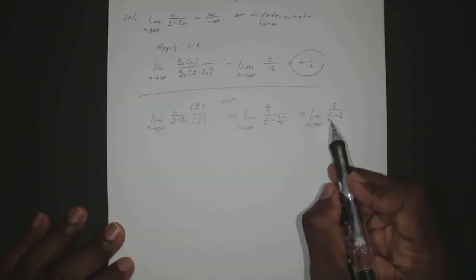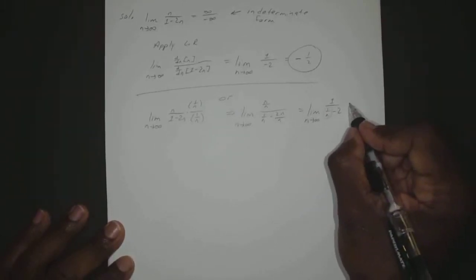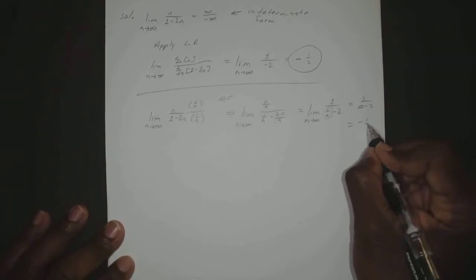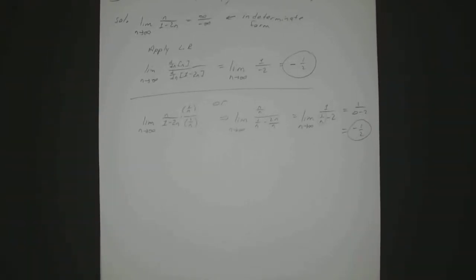As n approaches infinity, this just becomes 0, so 1 over 0 minus 2, which is just negative 1/2. So there are a couple of ways you can solve them, at least for a lot of them. Any questions on that one?